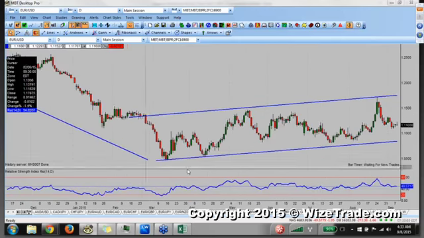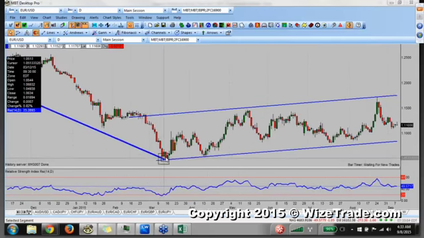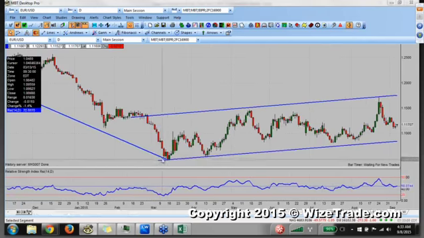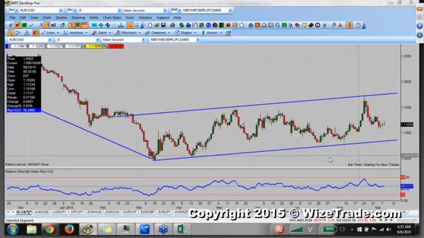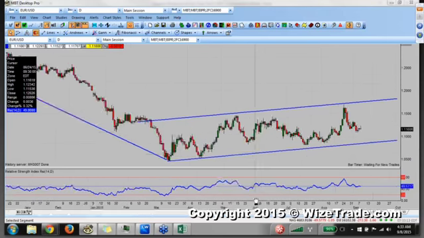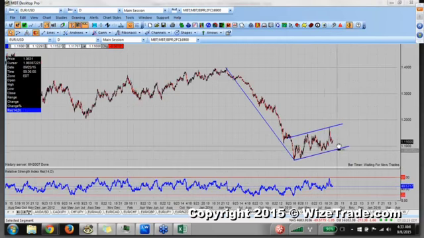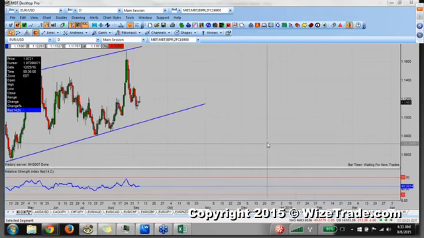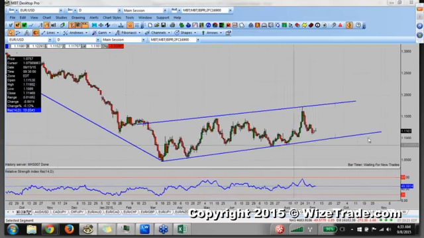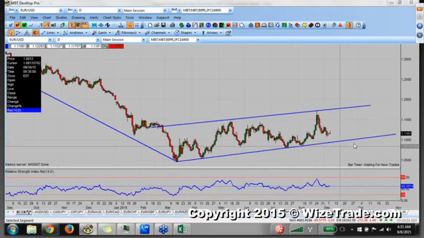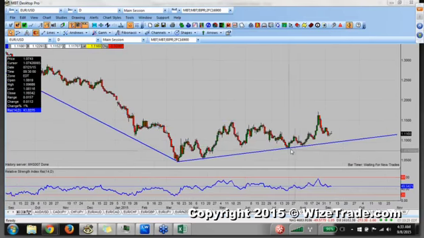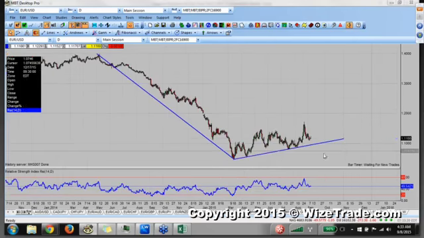Let's tighten up some of these lines here that I just drew out. So we have this. Let's connect all these lows here. Okay, and we're going to remove that, and actually I drew that too far out.